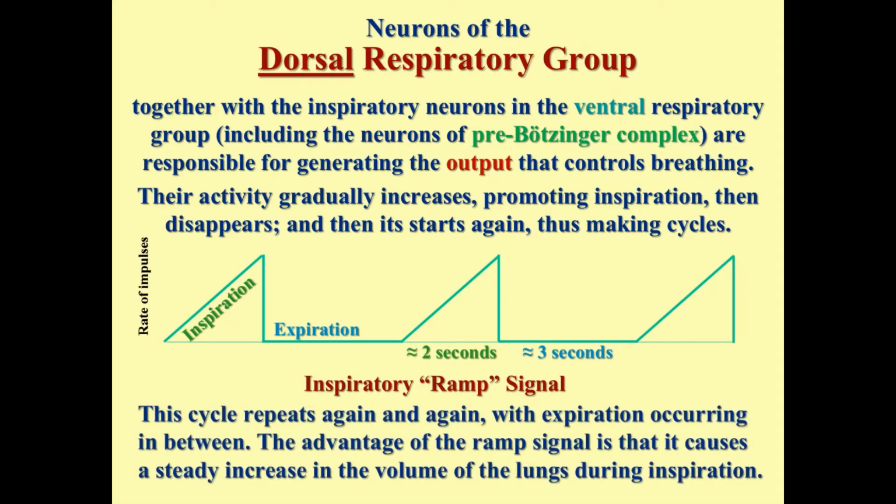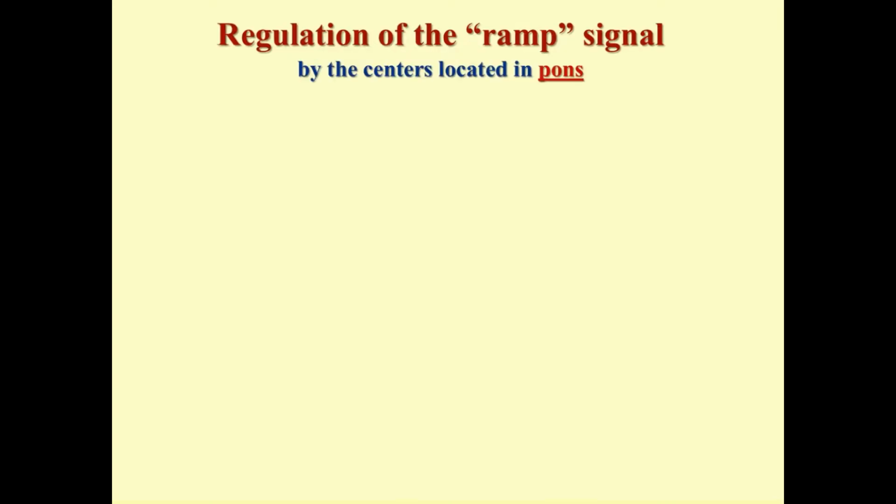This cycle repeats again and again, and the ramp signal has the advantage that it produces a gradual, steady increase in the volume of the lungs. Not a sharp increase, but a gradual, steady increase of the volume of inspiration. It can be regulated, as we are going to consider later.